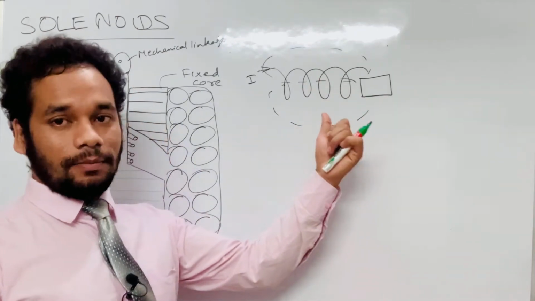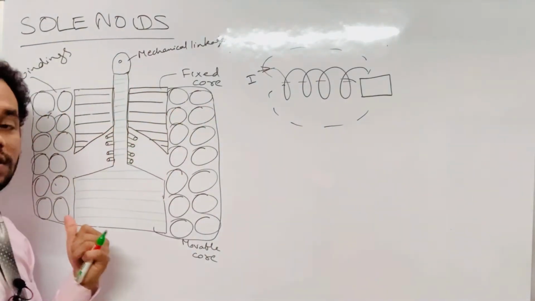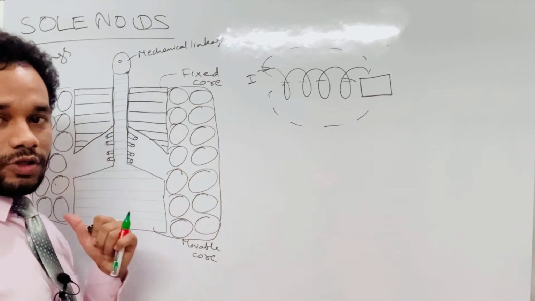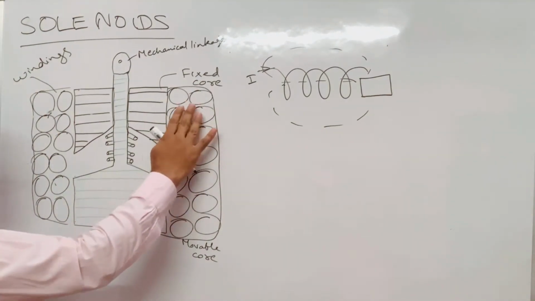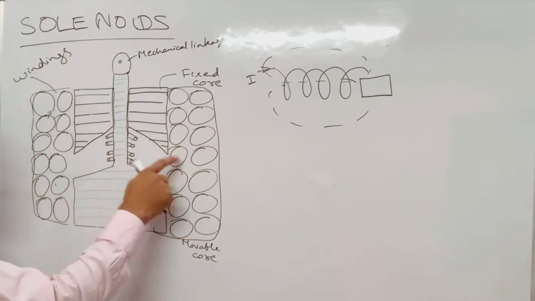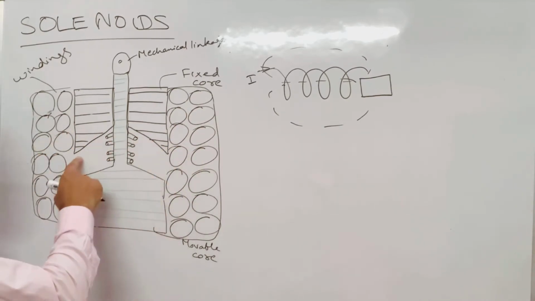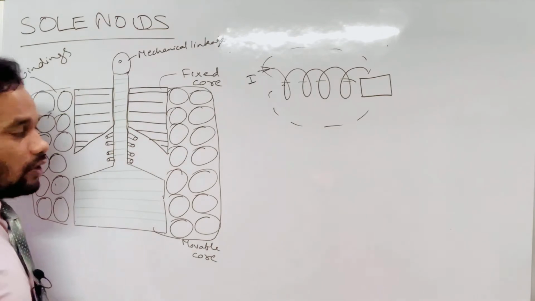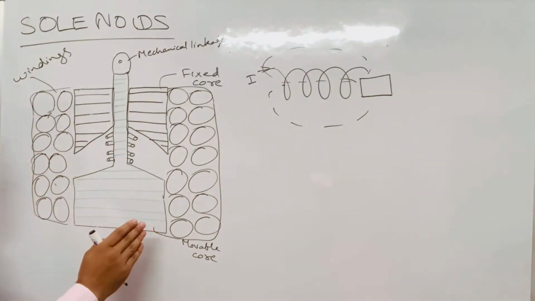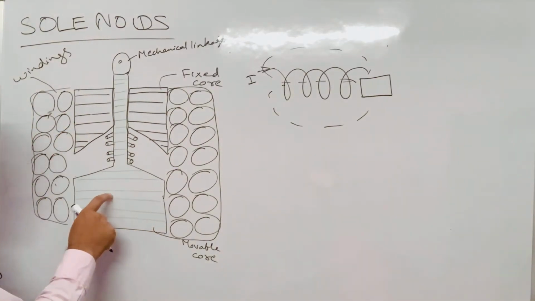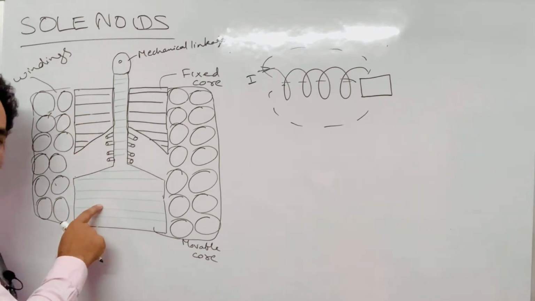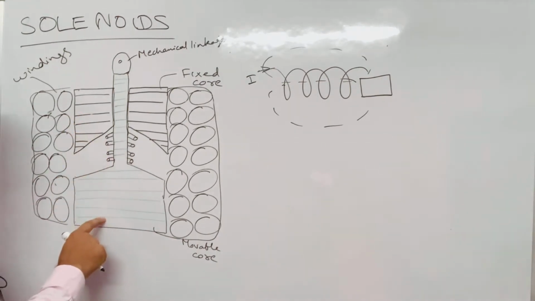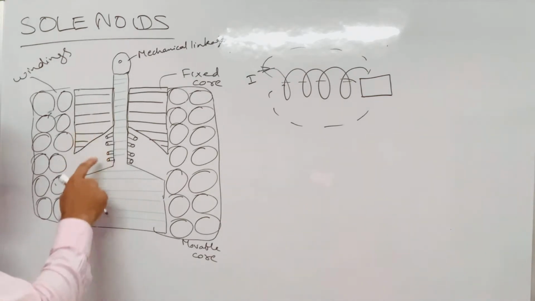The same thing happens in the solenoid. So let's start learning about the operation of the solenoid. When I give electrical supply, that is current, to these windings or coils, what will happen? These coils will produce a magnetic field, right? This magnetic field will magnetize the core. The fixed core and the movable core both get magnetized.